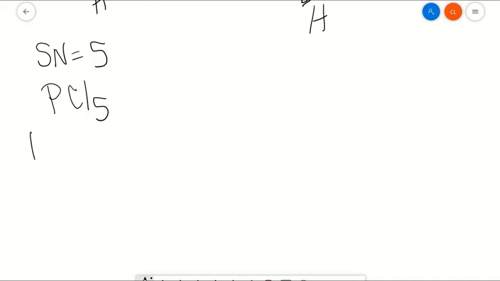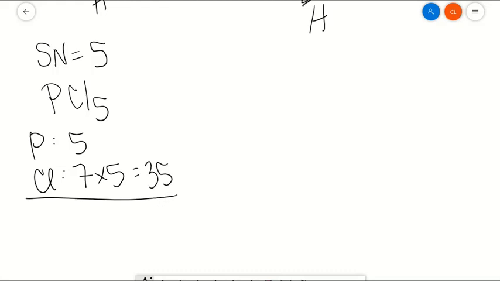So phosphorus has 5 valence electrons. Each chlorine has 7. So we have a total of 40 valence electrons. So I'm going to go ahead and just draw this the way that it would be drawn, the way that I showed you, with those wedges and dashes.